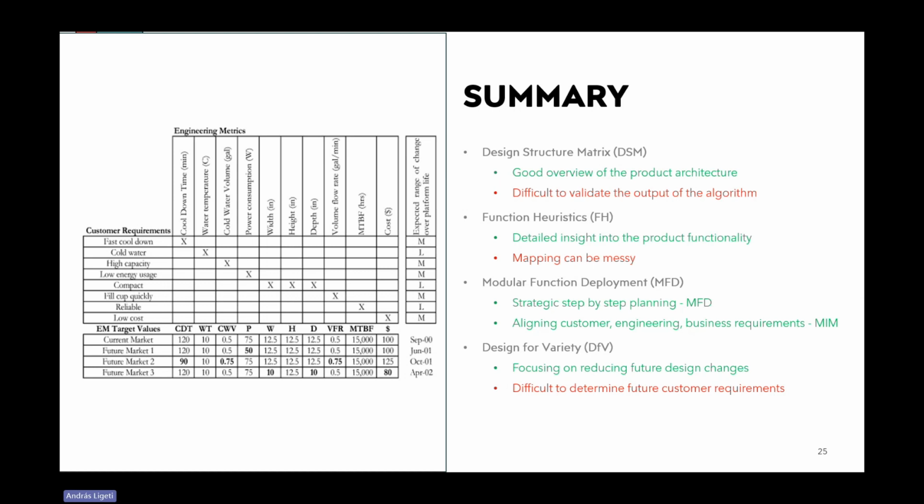So you can say that, for example, the customer currently needs this cooldown time in minutes, but it is difficult to say what the customer will want in 5 years or even worse in 10 years, because it is quite difficult to get to know that or get a proper value for that. So that's a con for using this tool.